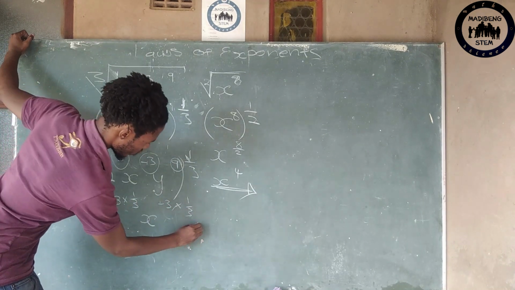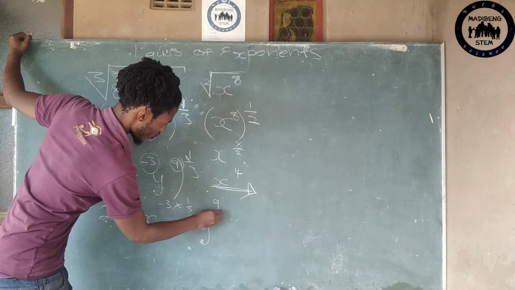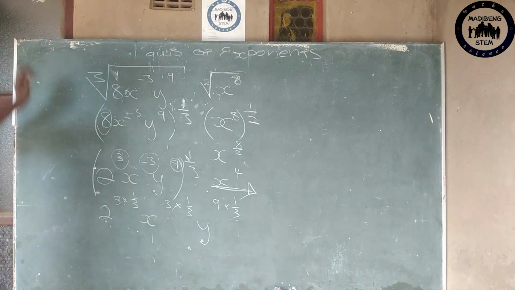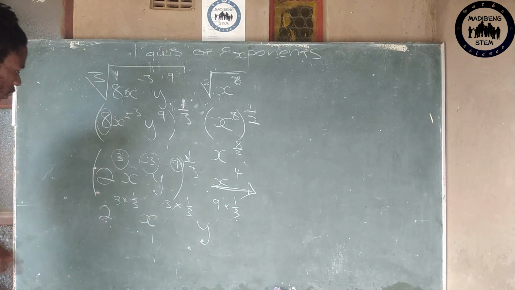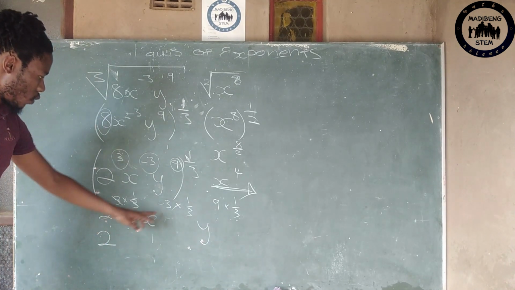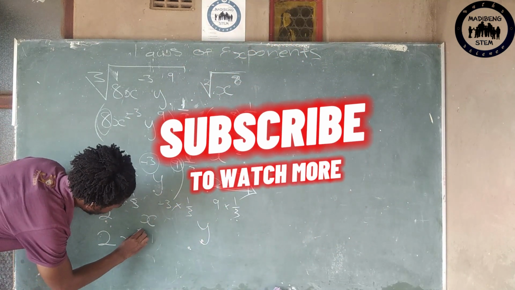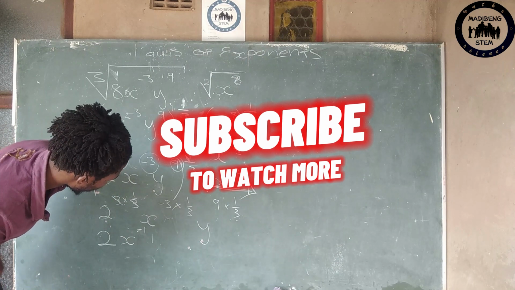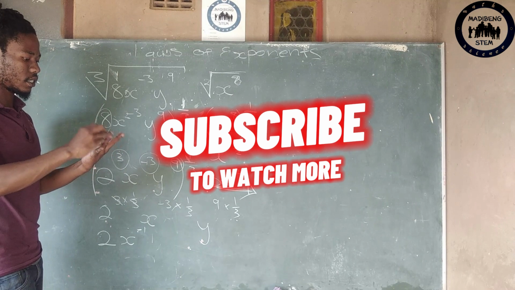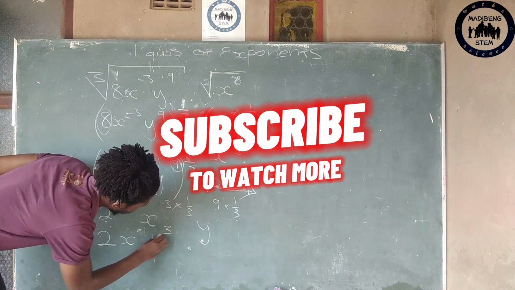Then we have y to the exponent 9 multiplied by 1 over 3. So what is 3 times 1 over 3? This cancels this and we are left with 2. What is minus 3 times 1 over 3? It's minus 1. We are left with x to the minus 1. Y, 9 times 1 over 3. 3, 6, 9. Then we are left with y to the power of 3.